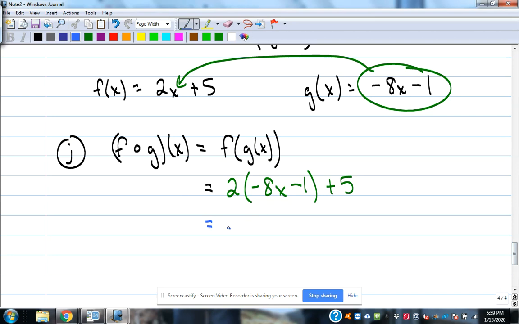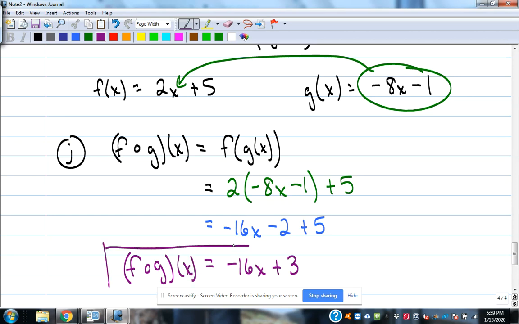Distribute the 2. So that's negative 16x minus 2 plus 5. One more step. Negative 16x plus 3. That is our composite function, f composed with g of x.